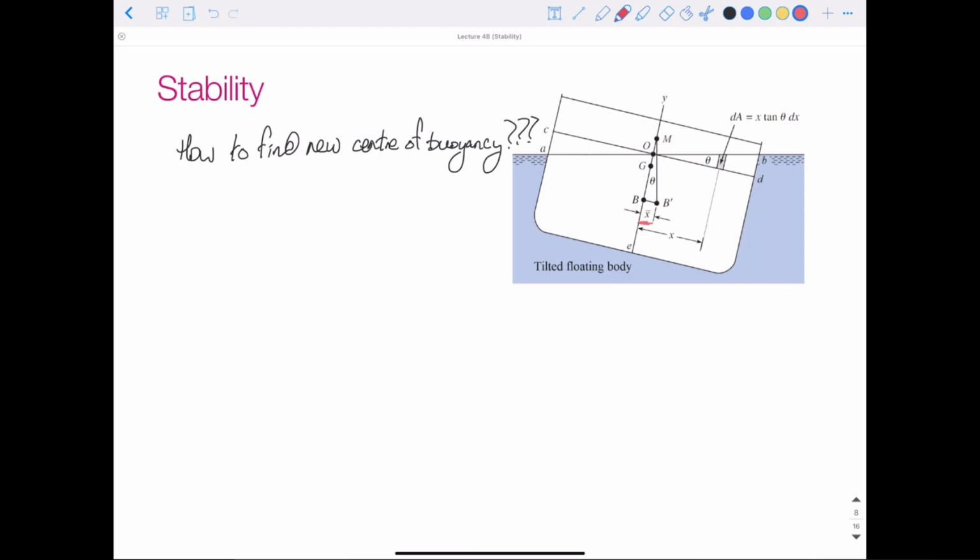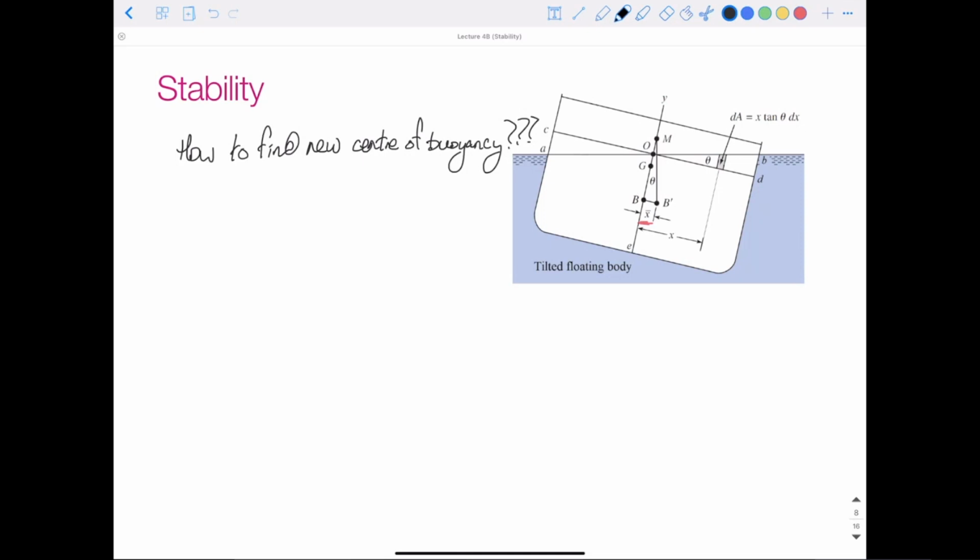So we can think of calculating this x bar as if we wanted to have a resultant force, just like we did for forces on curved surfaces: the resultant buoyant force of all of the submerged sections of the body compared to the original submerged body.